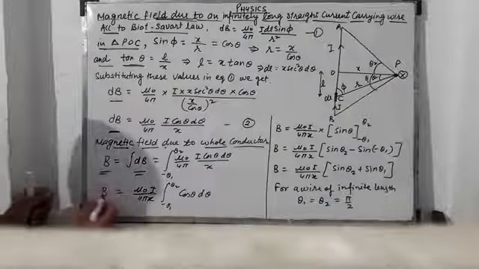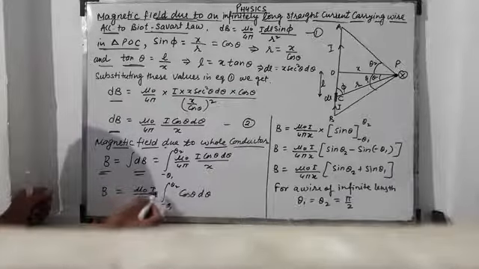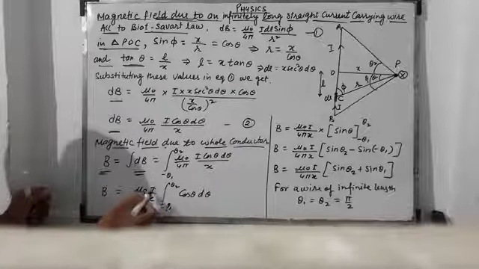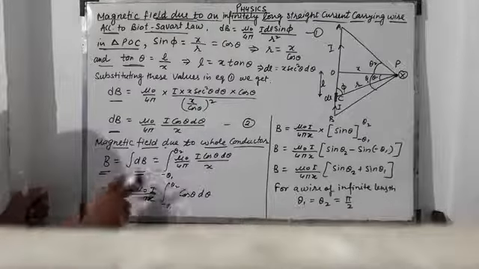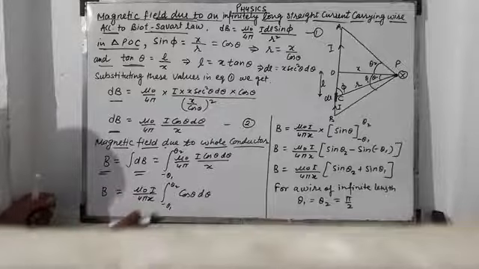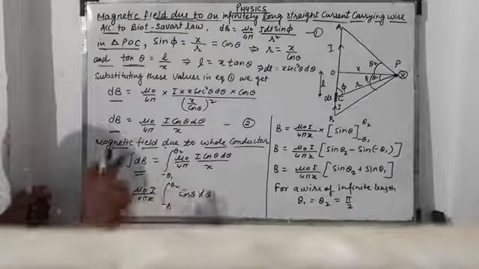Then B is equal to mu naught upon 4 pi I upon x. These values are constant, so they are taken out, with the integral of cos theta d theta from minus theta 1 to theta 2.